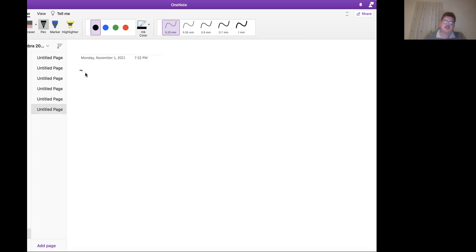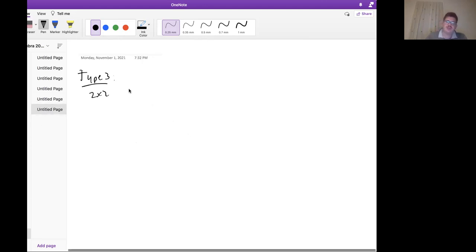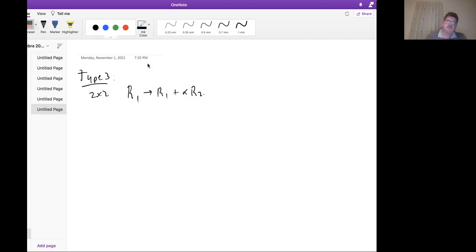That's where things are type 3. So this gets a little interesting here. Someone tell me, for a 2 by 2, why was it in the middle? I just chose it to be there because I want to do row 2 times alpha row 2. But remember, alpha could be anywhere on the diagonal. Yeah, just wanted to change it up. Someone tell me the row operation, let's do row 1 to row 1 plus alpha row 2 for a 2 by 2.